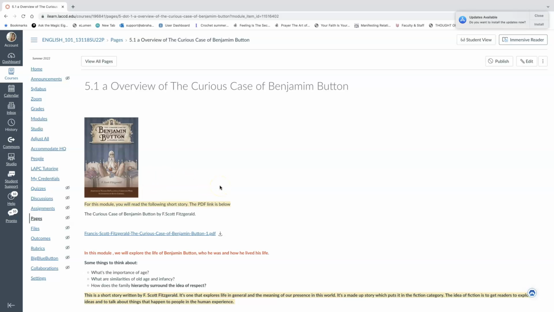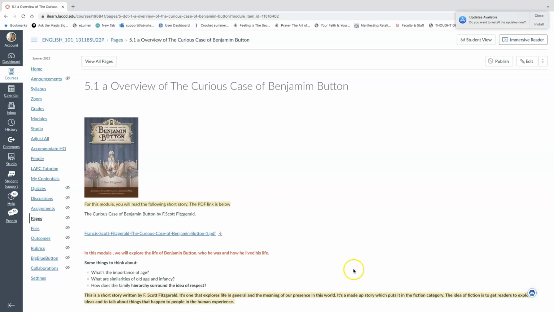So it takes our imagination into a different place, because we usually think of life in sequential order from baby to old age. But in this story, Benjamin Button is born a 70-year-old man, and he transcends into a child throughout his years. So it's a really interesting story.